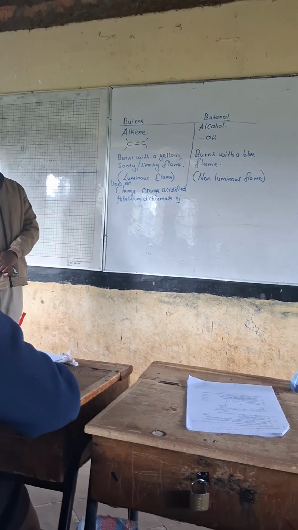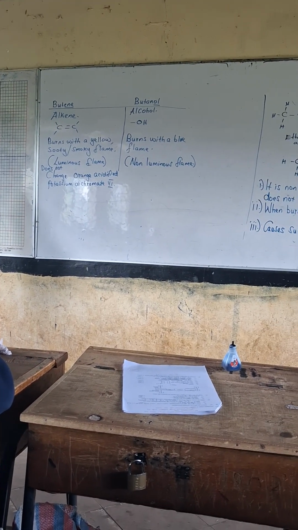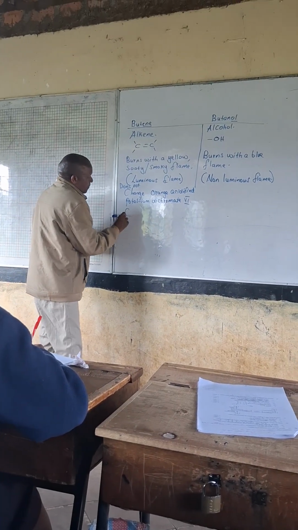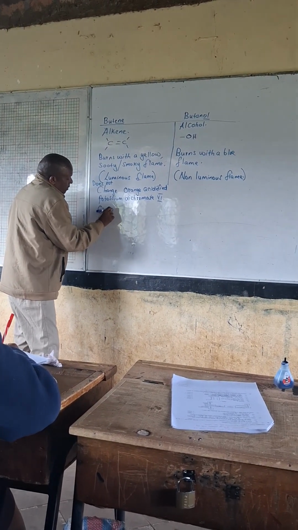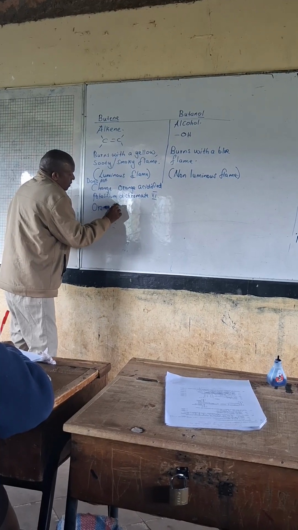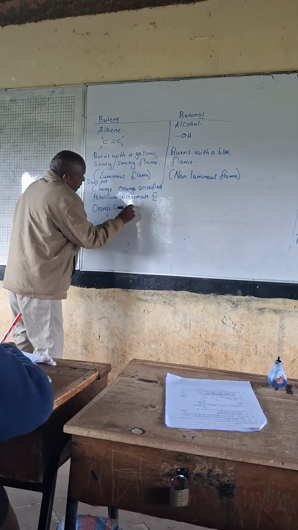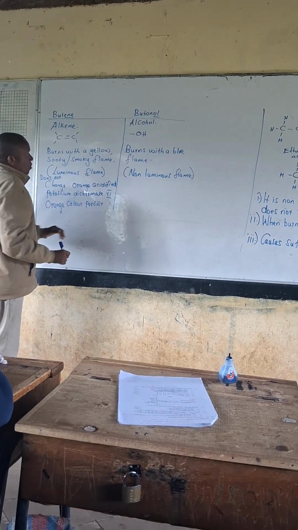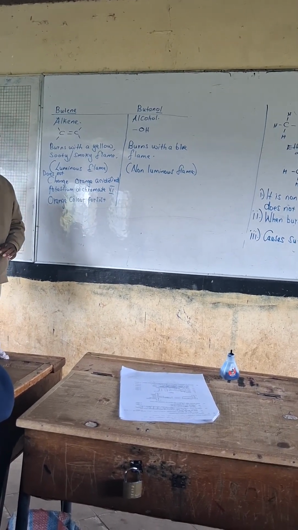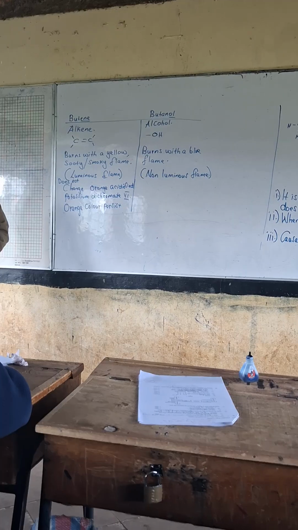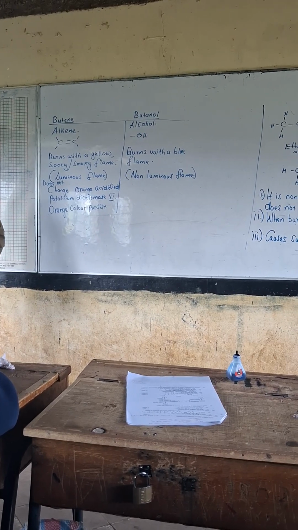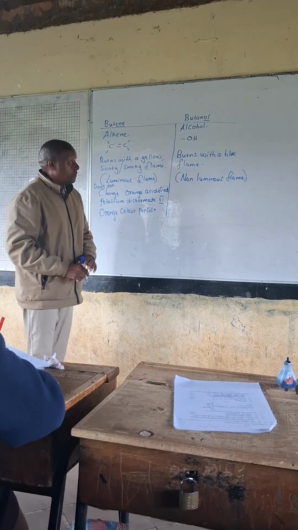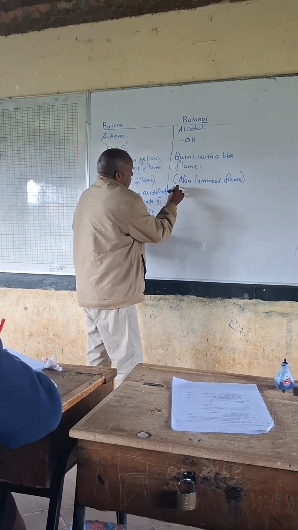In other words, the orange color persists. What about butanol? That one changes orange acidified potassium dichromate(VI) to green.